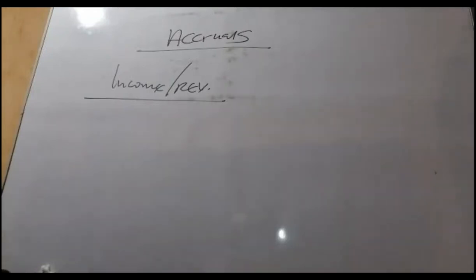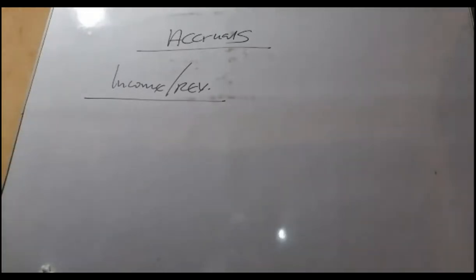So that is it. Income is what you have worked for. Good. But adding accrual to it, it is income that you've worked for that you have not received the money.